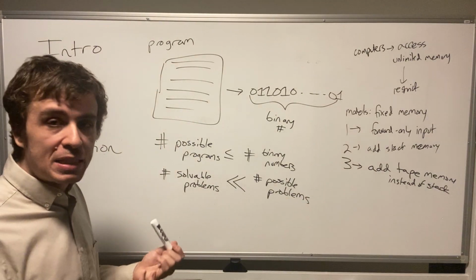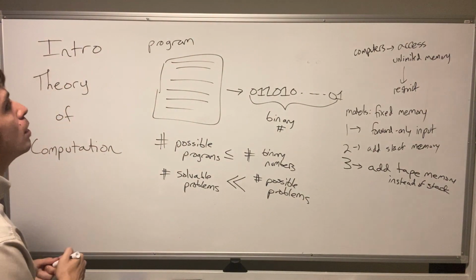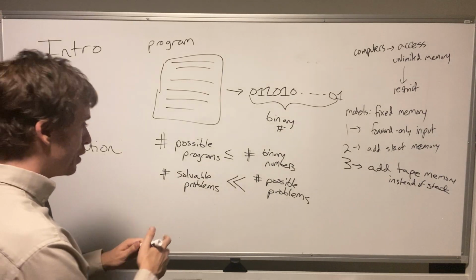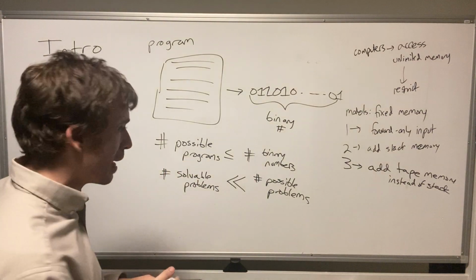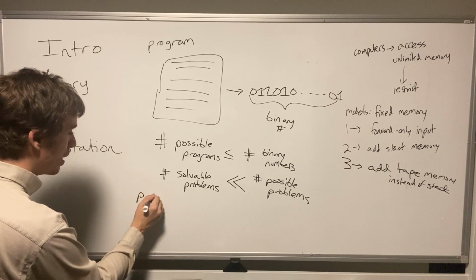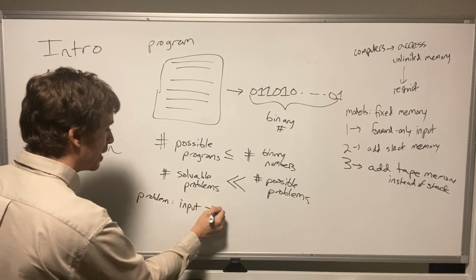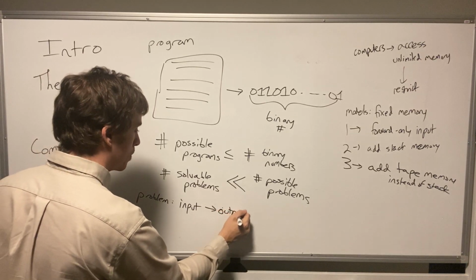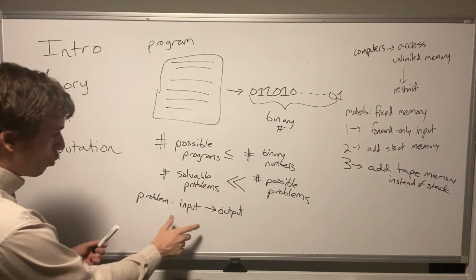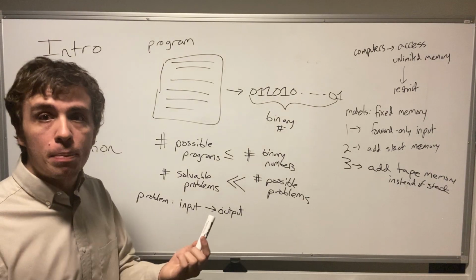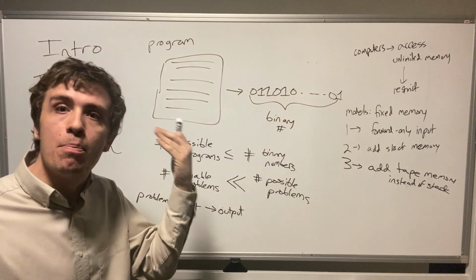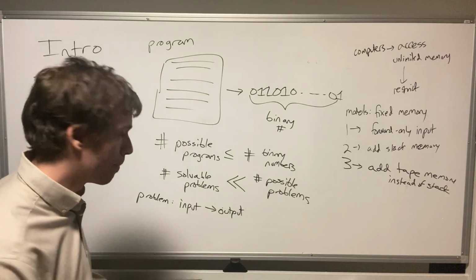And it's pretty easy to see this. Why is that? Well, we can phrase a problem in a certain way. Each problem is taking some input and converting it into output. Each one of these inputs can be any arbitrary input at all. So that can be, in principle, any binary string.